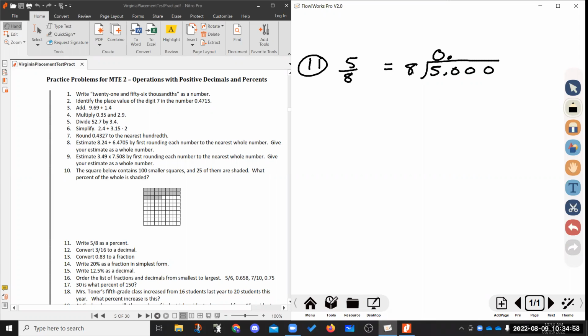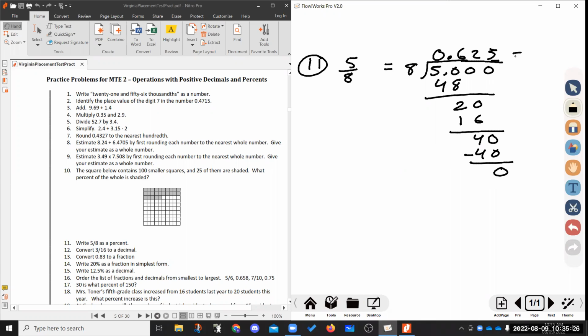8 doesn't go into 5 at all. 8 goes into 56 times. It's 48. 8 goes into 23 times. Into 2 times. 2 times 8 is 16. 8 goes into 45 times.